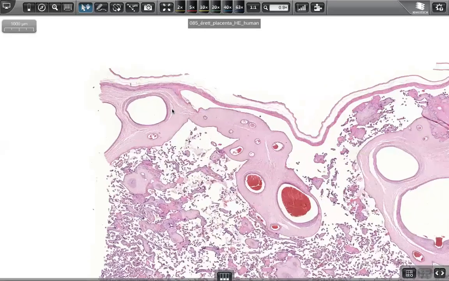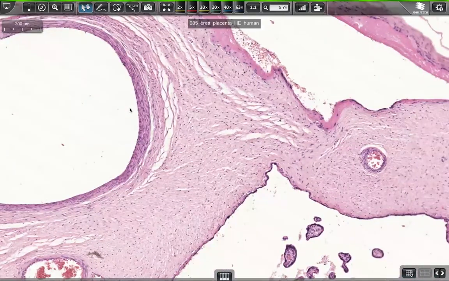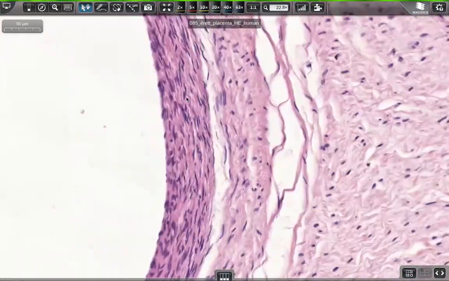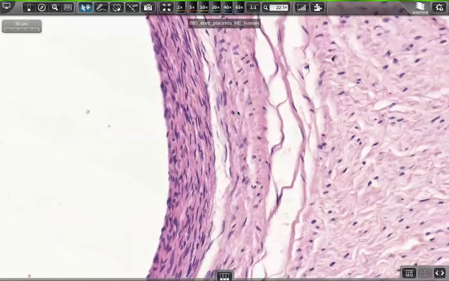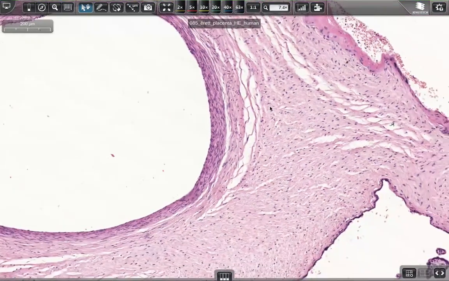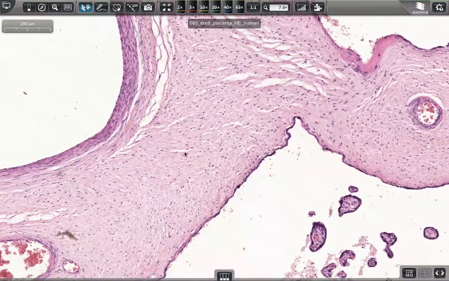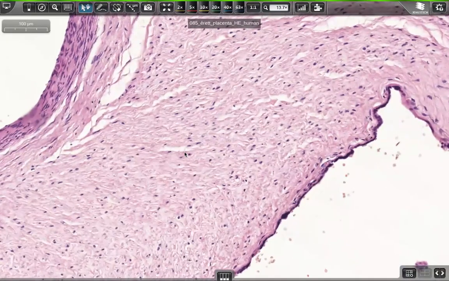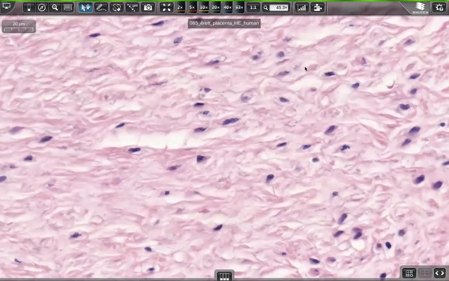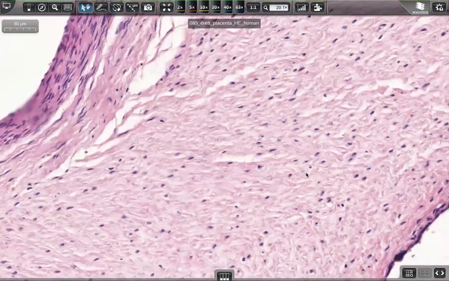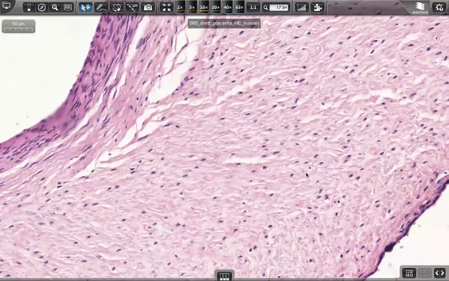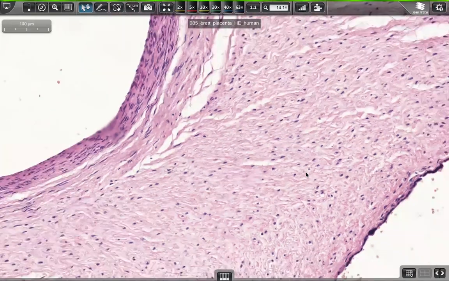Here we can see the vessels, typical vessels having endothelial cells, muscle layer, adventitia, nothing special. But this is the chorionic mesoderm. Don't forget, it's a developing tissue, so we have mainly mesenchymal cells and some connective tissue elements, but it's a developing structure.